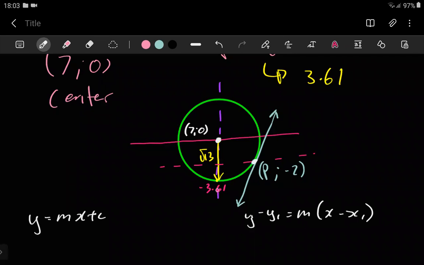The issue here is that we don't have a gradient, we don't have two coordinates to use to get it. Normally, instead of diving straight towards getting this gradient, what you actually do is get the gradient of this perpendicular line and then use this formula, m1 times m2 is equal to -1.